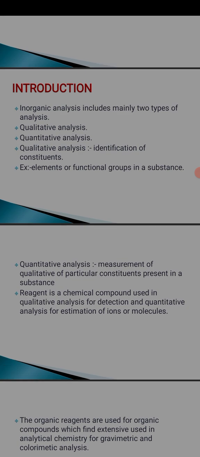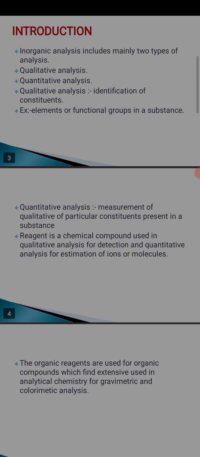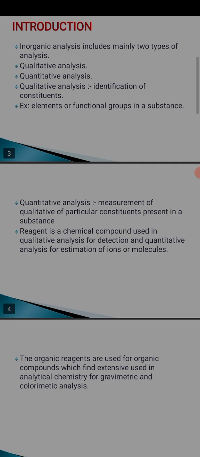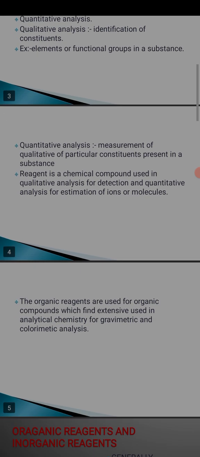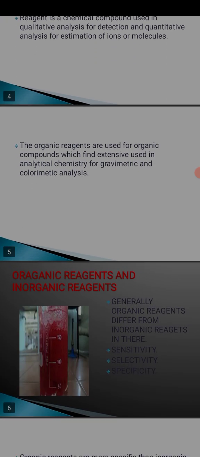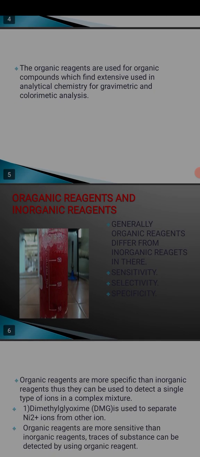A reagent is a chemical compound used in qualitative analysis for detection and in quantitative analysis for estimation of ions or molecules. Organic reagents are organic compounds which find extensive use in analytical chemistry for gravimetric and colorimetric analysis.